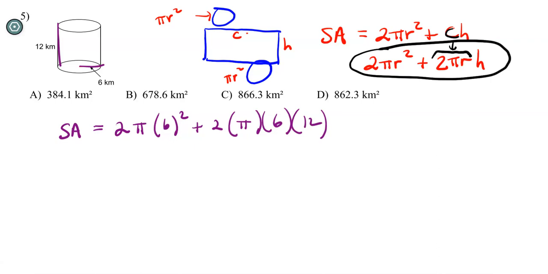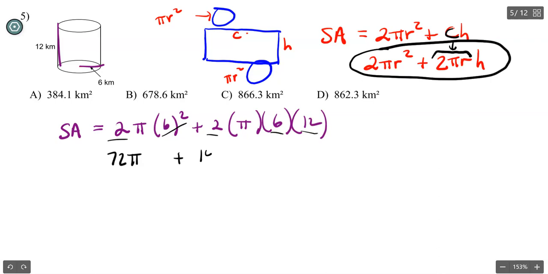And this looks like a job maybe for the calculator. Let me simplify it first. You can go to the calculator right now, but I'm going to do 6 squared is 36 times 2. That's 72 pi. And then 2 and 6 is 12, times another 12 is 144 pi. If I add up all those pi's, that would be 216 pi.